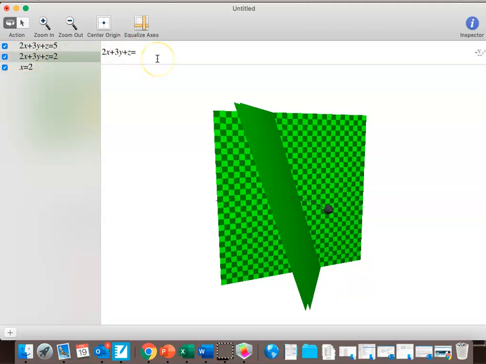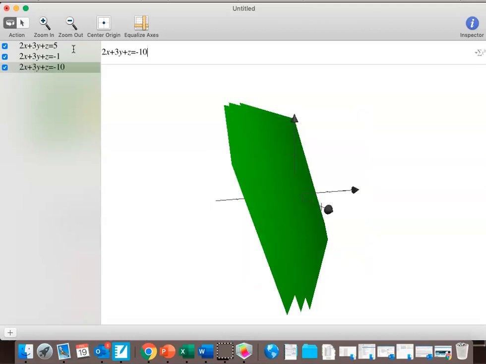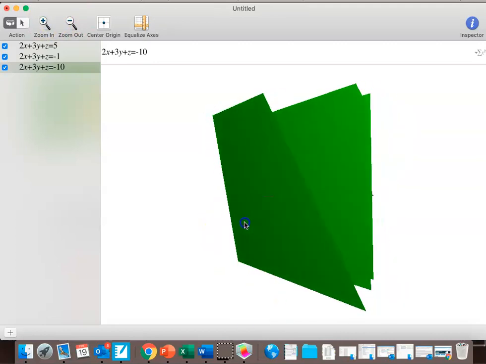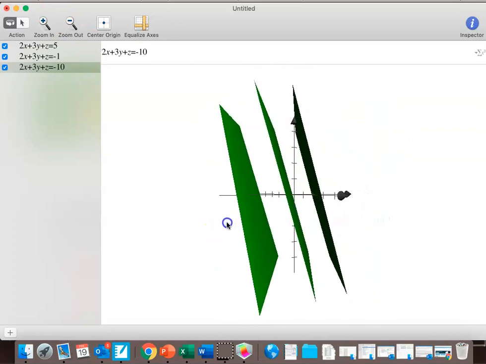Oh, wait, let's make it a bigger difference. -1. And then this guy, 2x plus 3y plus z equals -10. All right, let's zoom in.